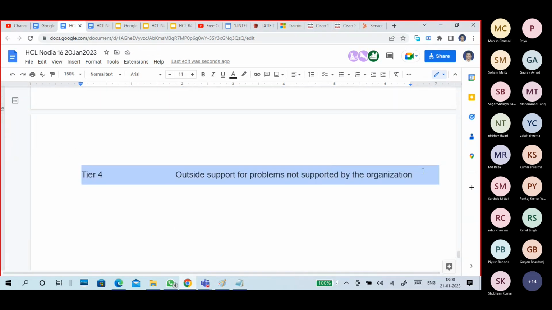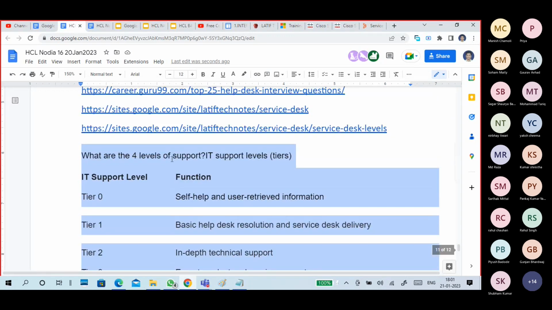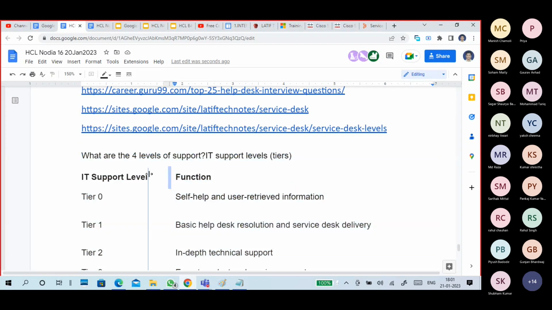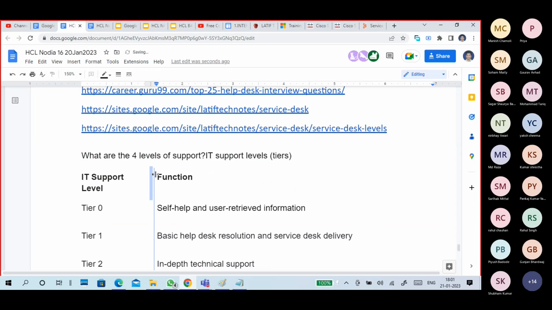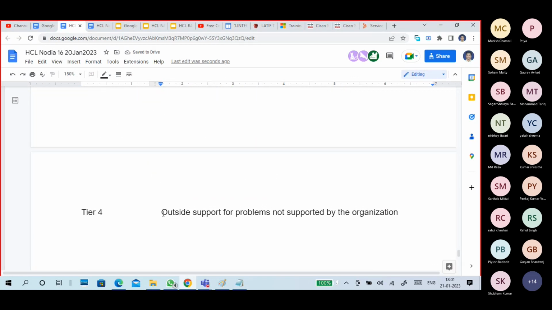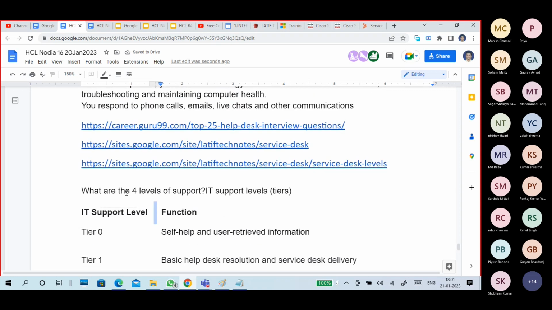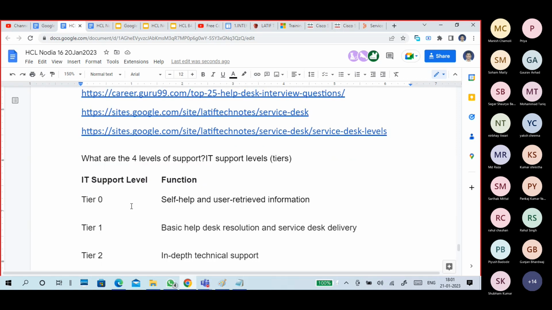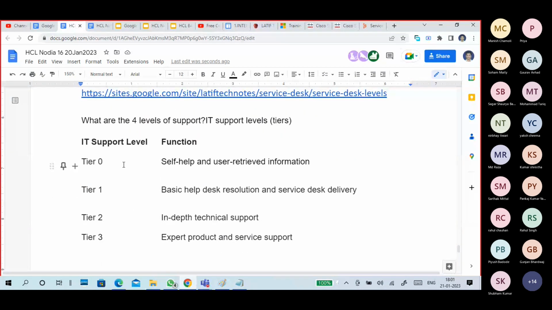So we are calling it support levels. You know, we put tier 0, tier 1, kind of stuff, but there is a problem in this thing.